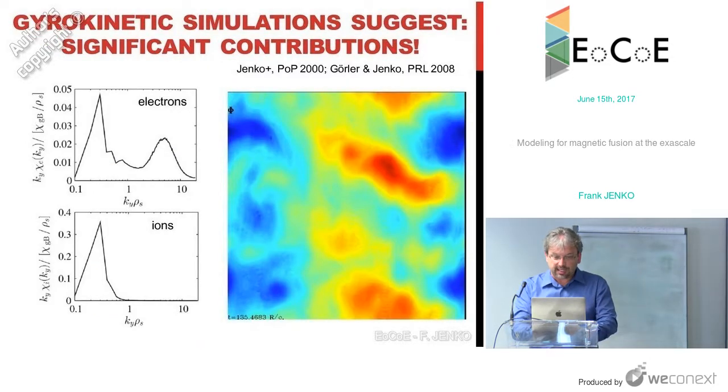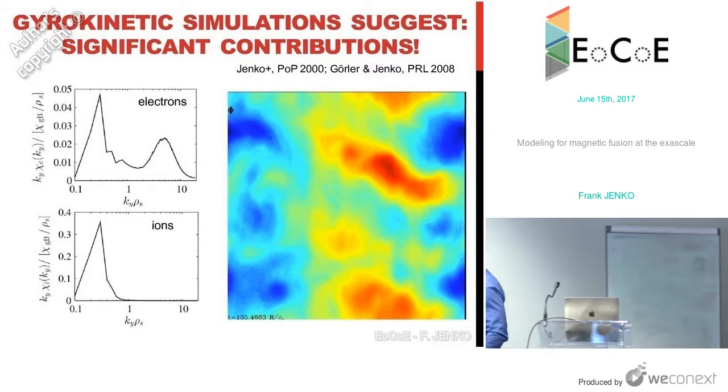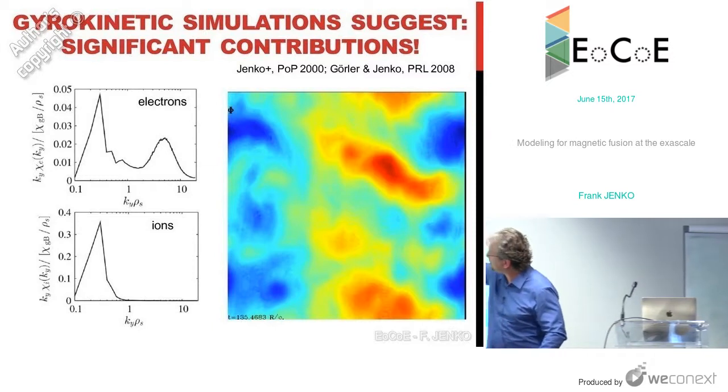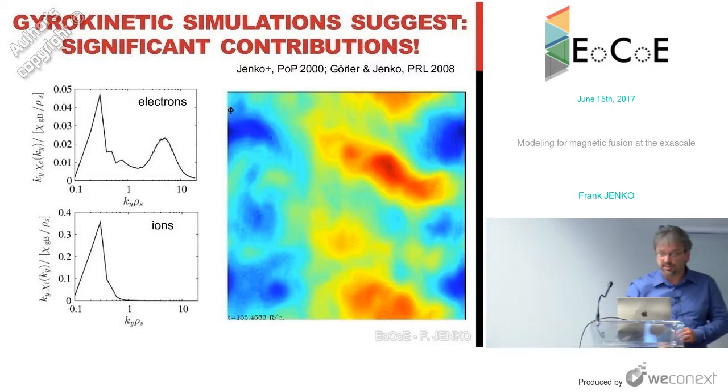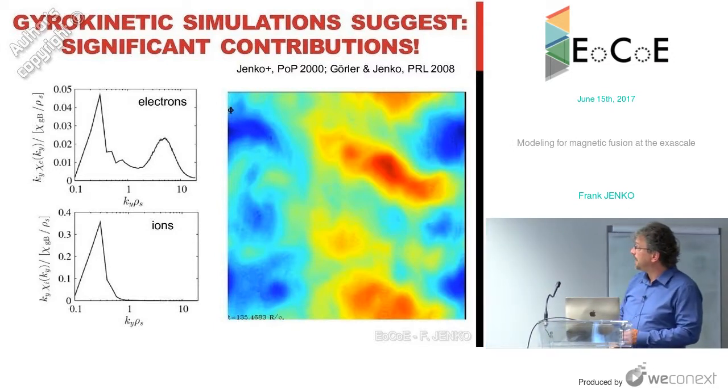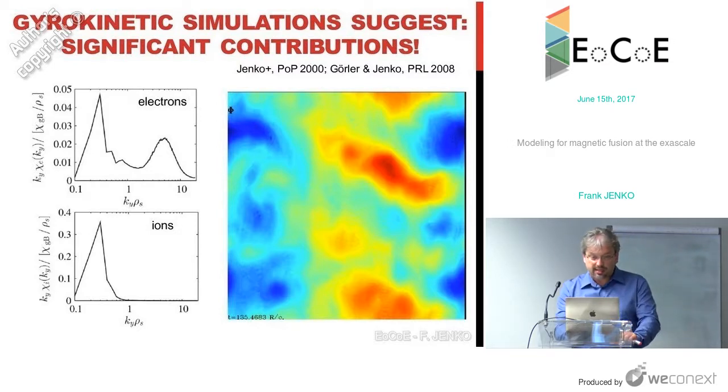So this is an example. This is such a simulation where you see large-scale structures on ion scales drifting down, but there's small stuff here. It looks like noise, but it's actually turbulence on these much finer scales, which were neglected until 15 years ago. And on the left, you can see where the turbulent transport is done.